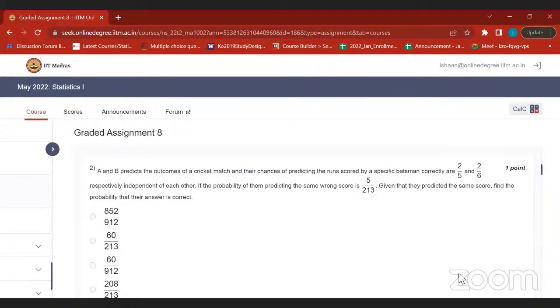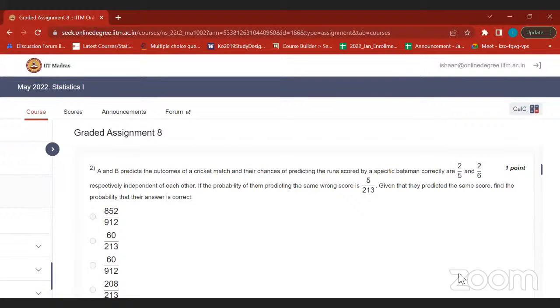So the probability of them giving the same right score, if both predicted correctly, is 2 by 5 into 2 by 6. So in the numerator, I will have 2 by 5 into 2 by 6.